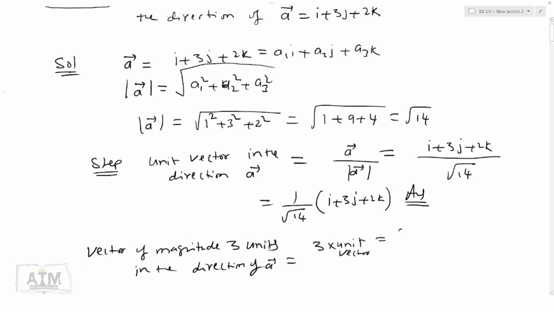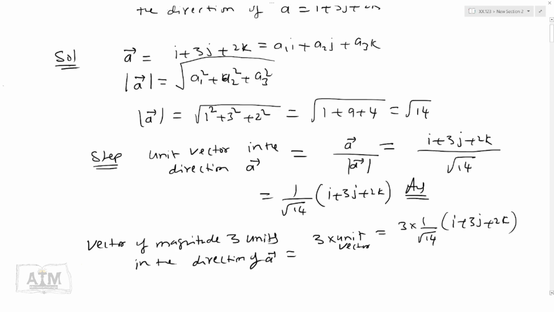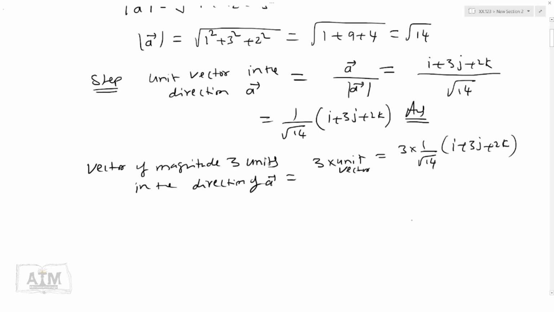So that is equal to 3 times 1 upon root 14 times i plus 3j plus 2k, which equals 3 upon the square root of 14 times i plus 3j plus 2k.